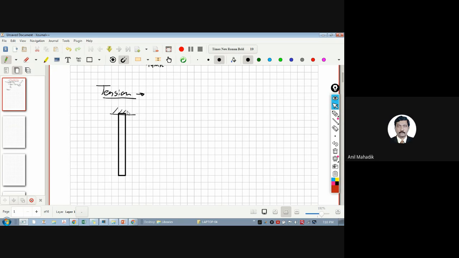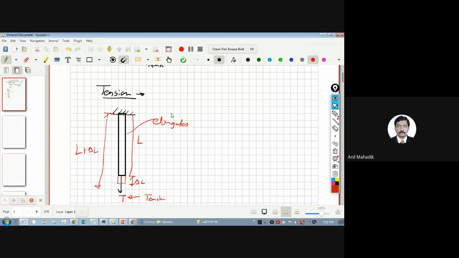Yes, so if there is a member and a force is applied to it, and if that member gets extended along the axis of the member, then I can say it is tension. So there is an elongation due to this force. Previously the length was, let's say, L, then after the force application the total length becomes L plus delta L, which means it got elongated. As it is getting elongated, I can say this force is nothing but a tension force. Okay, so this is the basic part.